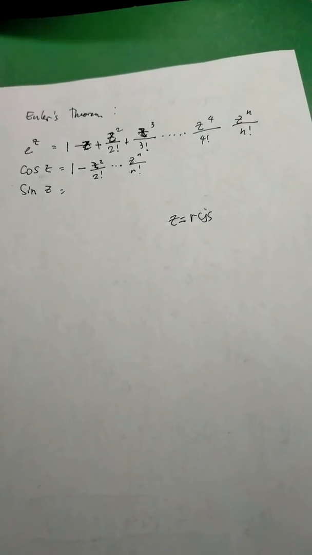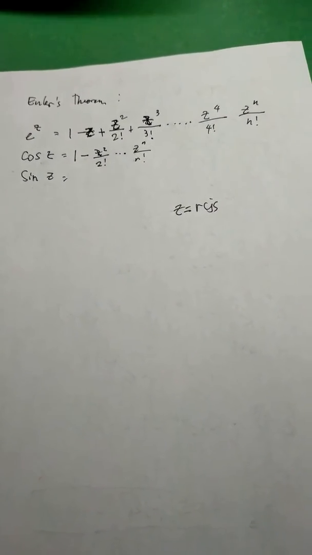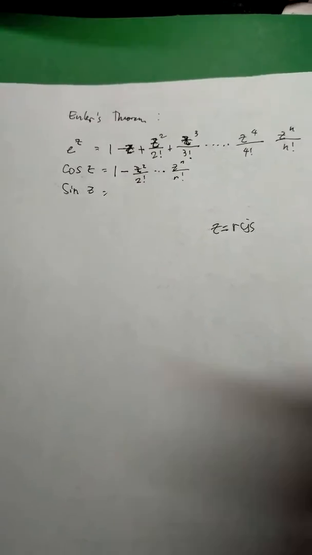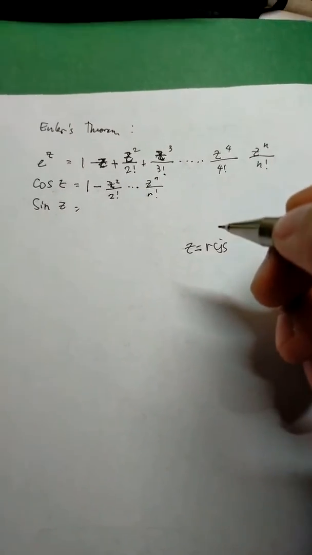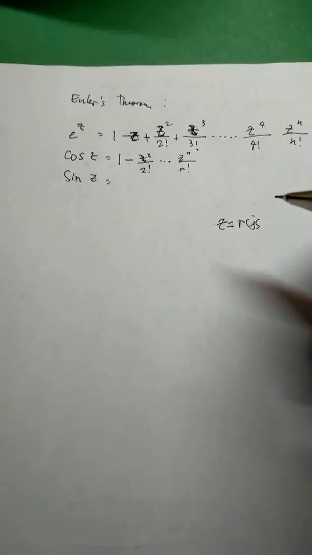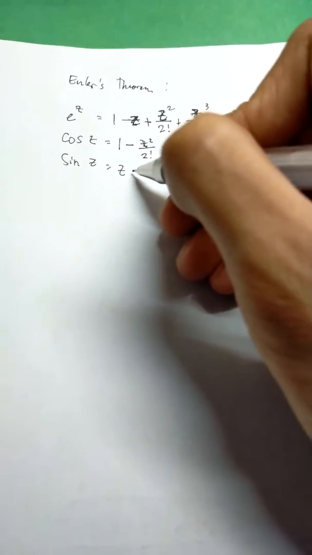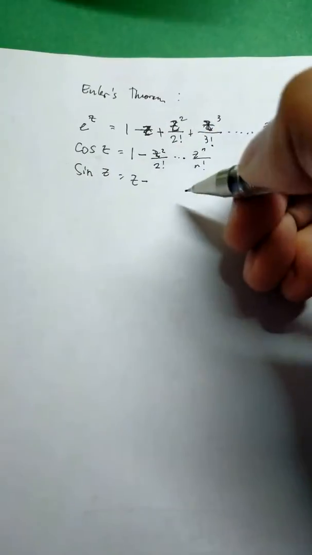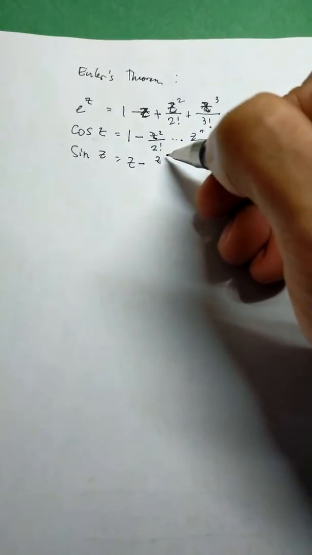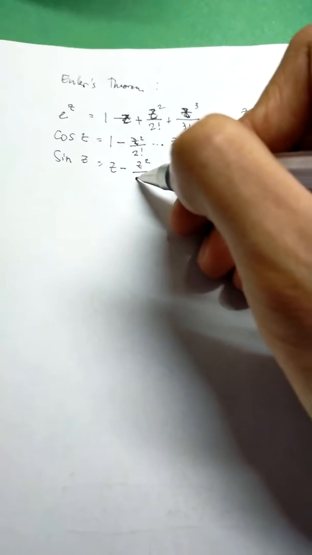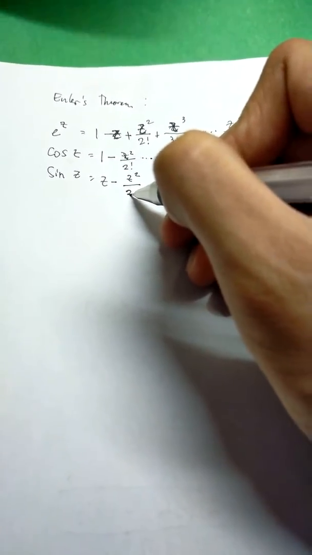So sa sin x naton, so the same man, so follow mo siya gapon sa aton nga, so sa sin z naman niya, so iba, no, so equal siya sa z minus the z raised to n, or let's say squared, then 2 exclamation.